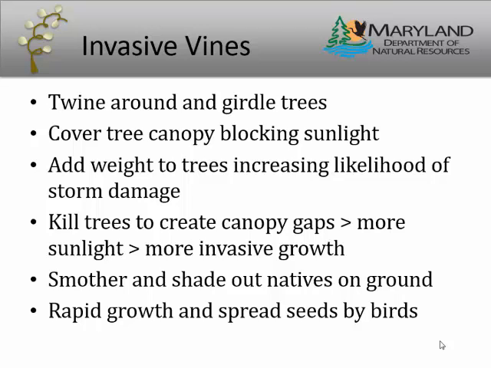Now, of course, there are also native vines, and most of our native vines are not problematic for our trees. So poison ivy, while we might not like it, it's a native, and it does a lot of good things. So if it's not in an area where you're going to come in contact with it, leave it alone. It should be fine.